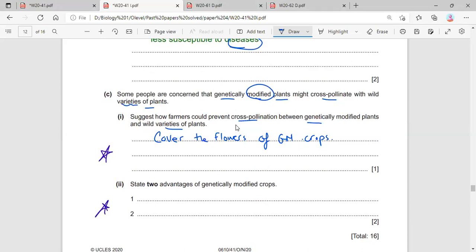What are the two advantages of the genetically modified crops? What did we do to help us using the genetically modified?